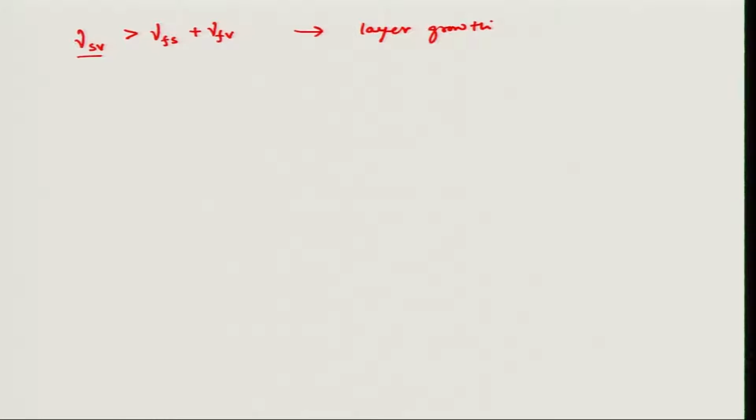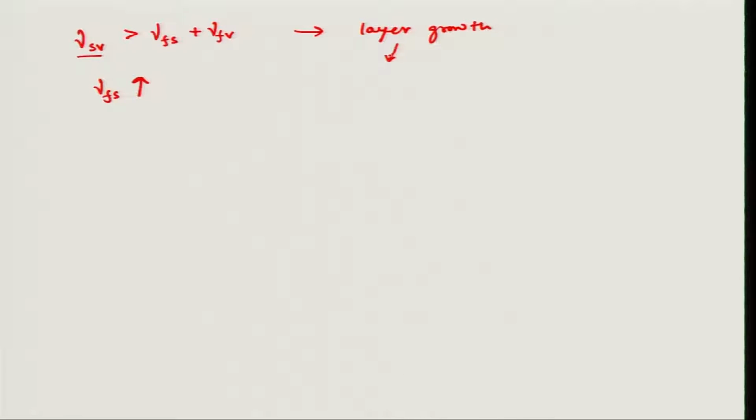This is Frank-van der Merwe layer to layer growth model. But after a few monolayers, there are some energies which come into play such that, suppose, gamma FS between film and substrate increases due to layer growth.